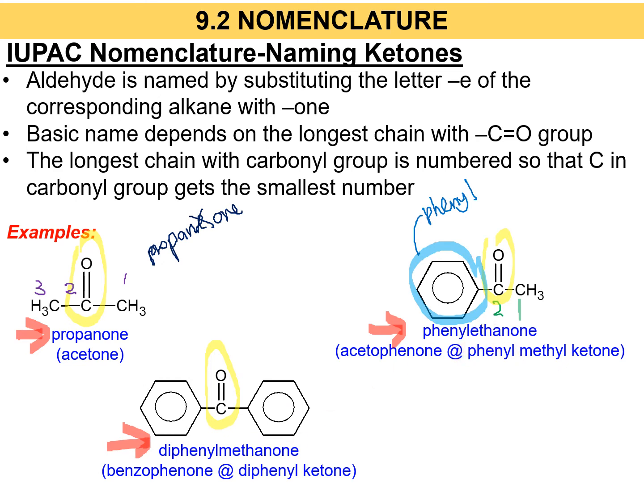Oh, I'm sorry. It says here that the longest chain with the carbonyl group is numbered so that the carbon in the carbonyl group gets the smaller number. So this should be carbon number 1 here.